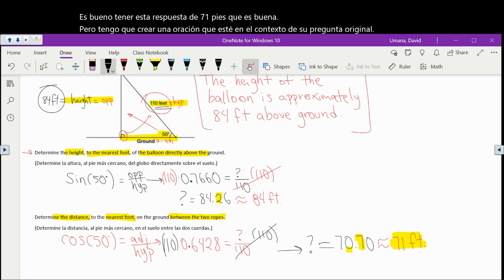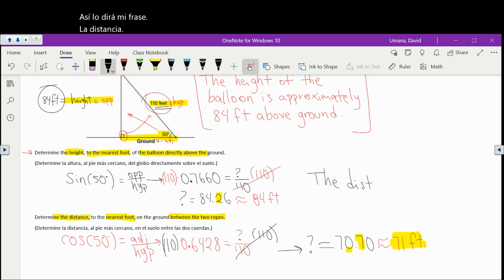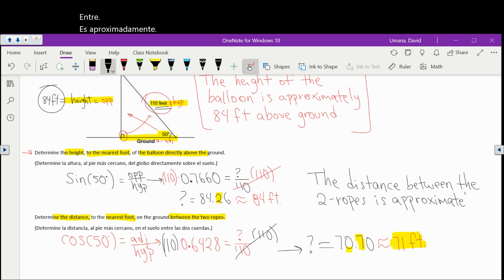So my sentence will say, the distance between the two ropes is approximately 71 feet. And I can probably say 71 feet apart.